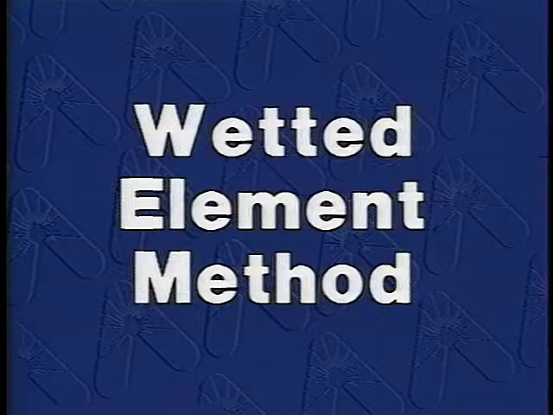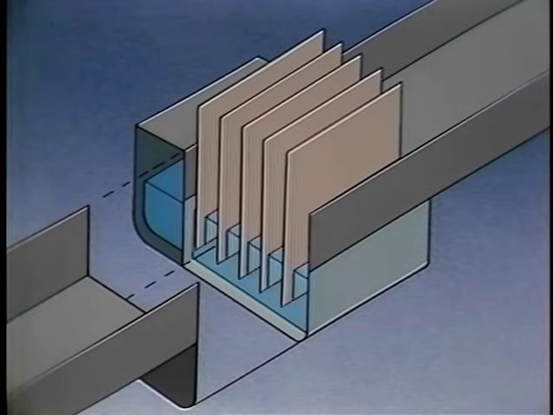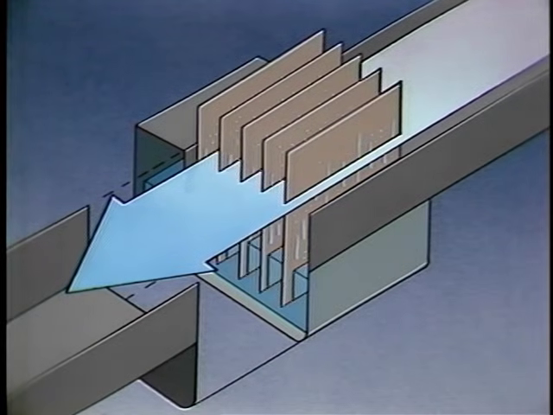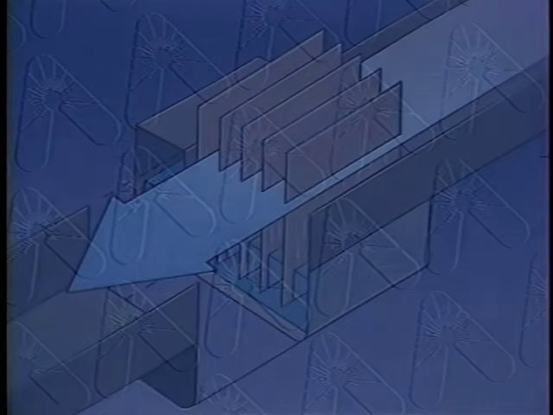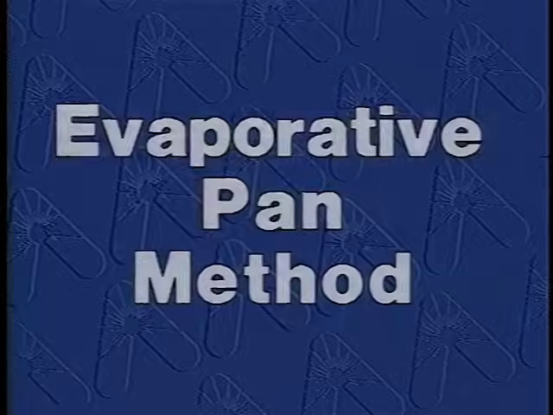The simplest is the wetted element humidifier. A hygroscopic element is partially submerged in water. As dry air is forced over the upper part of the element, water is wicked from the saturated portion and evaporated into the airstream. A related design is the evaporative pan method.